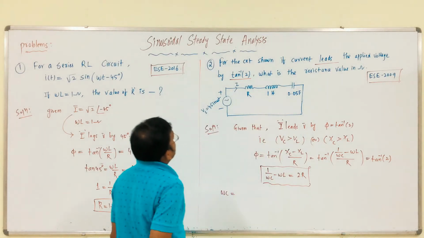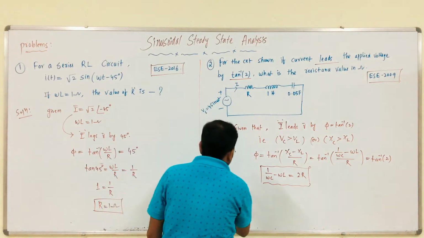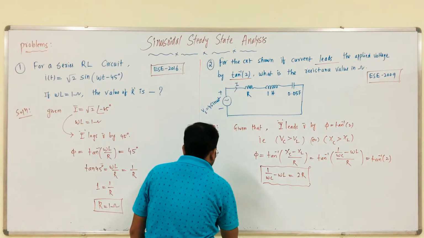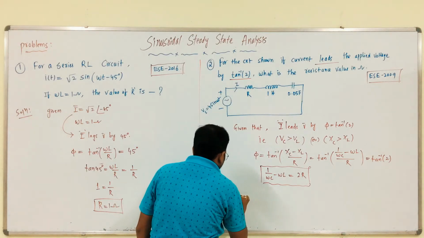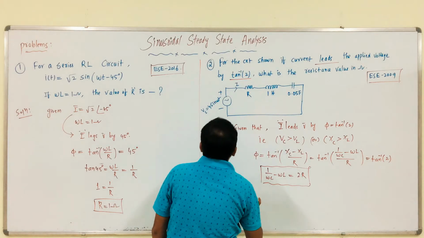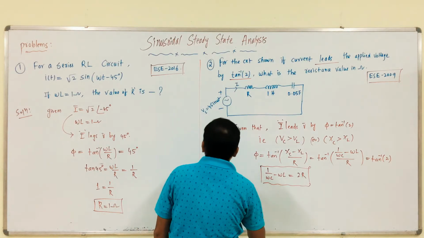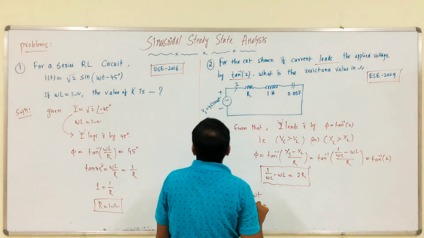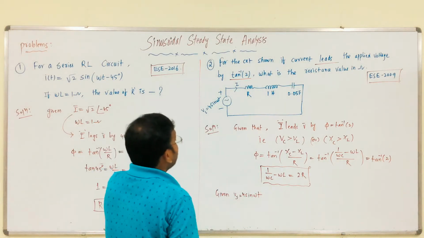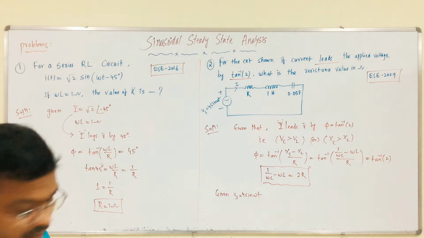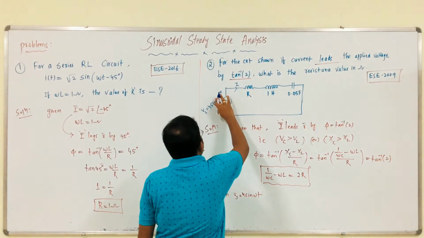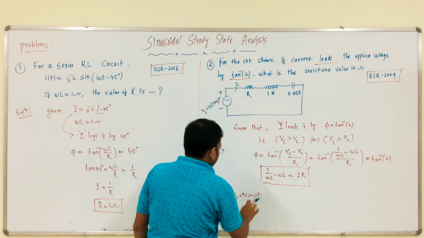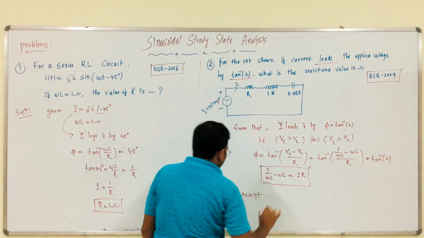See here, the given supply voltage, or you can write the instantaneous value, is 4 sin omega t.